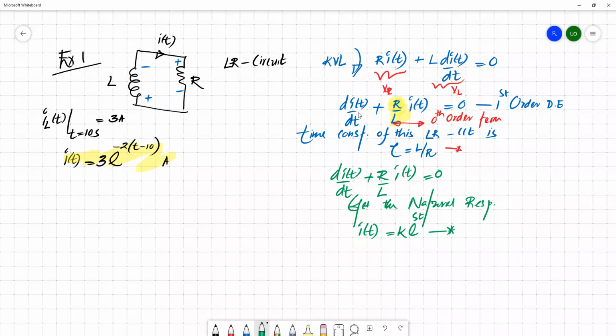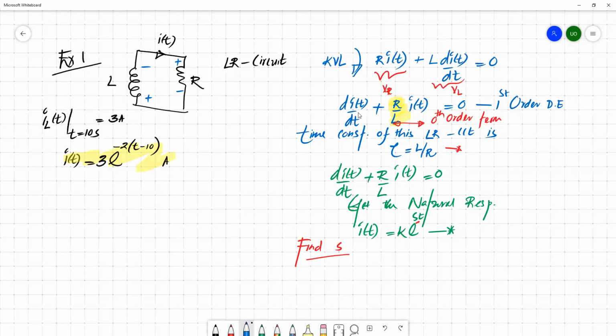So that's why we take this as a trial solution. Then we need to find this exponent s. How do you find s?